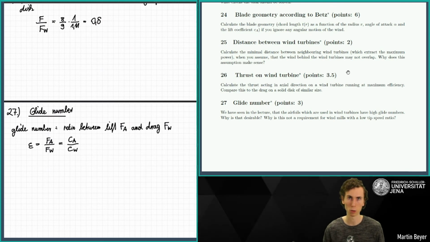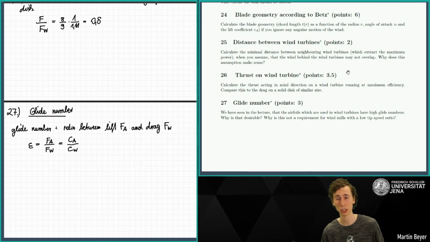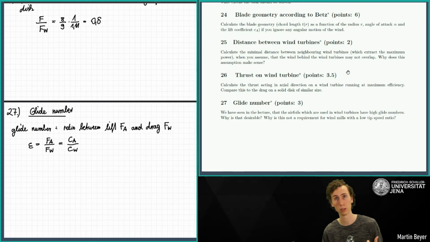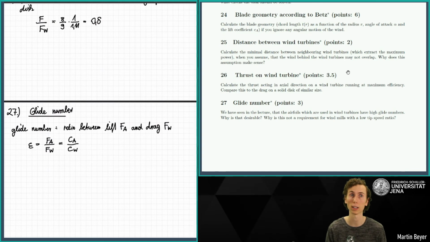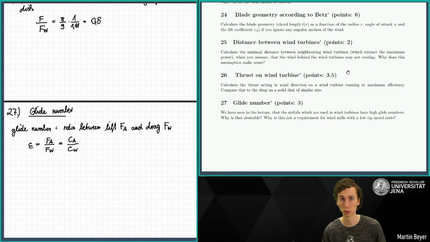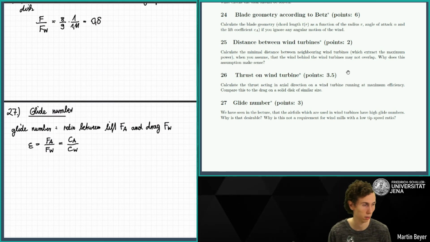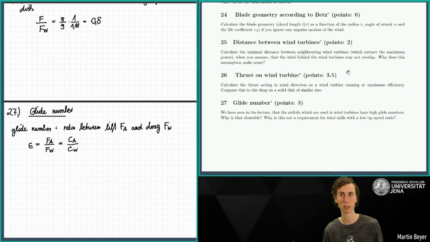And therefore we design the wind turbines in such a way that the lift coefficient of the airfoil is maximized, whereas the drag coefficient is minimized. So this is the simple reason why those turbines are designed to have a high glide number.